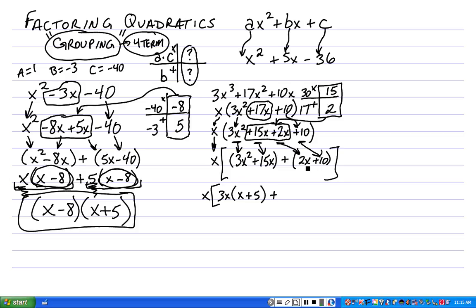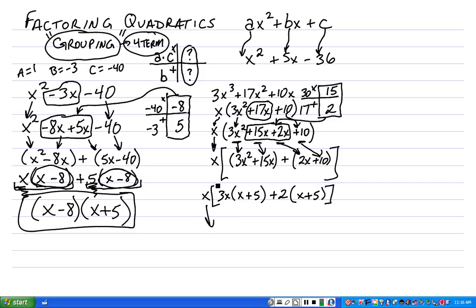Alright, over here, want to pull out a 2, and that leaves me x plus 5. So notice, once again, I have an x plus 5 here, x plus 5 here. So now I have a common factor that's a binomial in these two terms. So I can factor out the x plus 5.